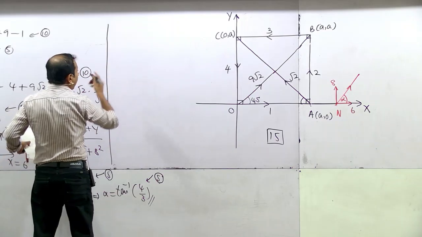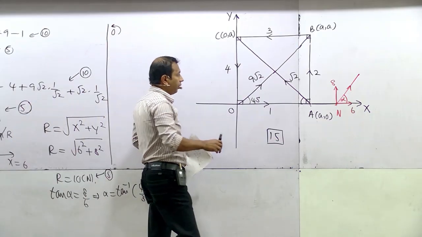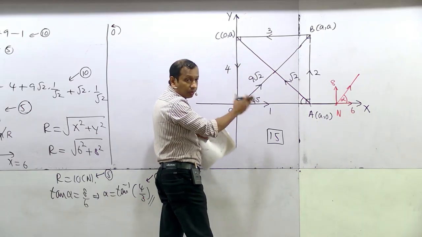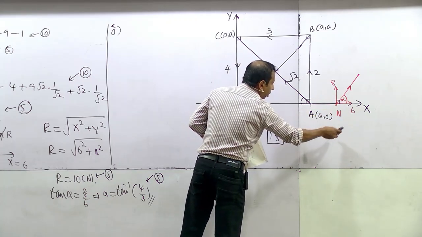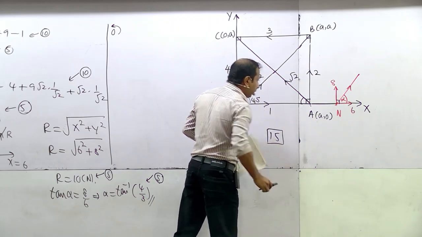When you take moment around O, first take moments of the forces. Only this force gives moment around O. That should be equal to the moment of this resultant. It's also this 6 we now pass into the point O, only 8 gives the moment.